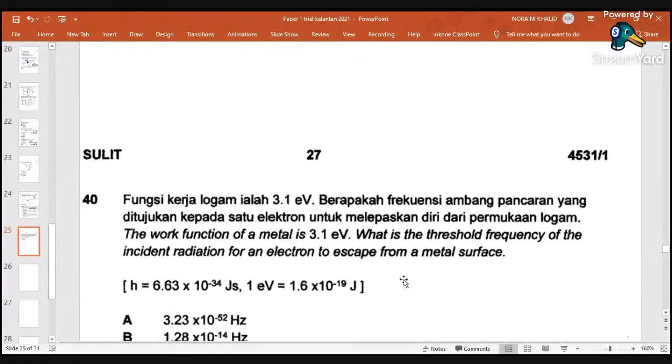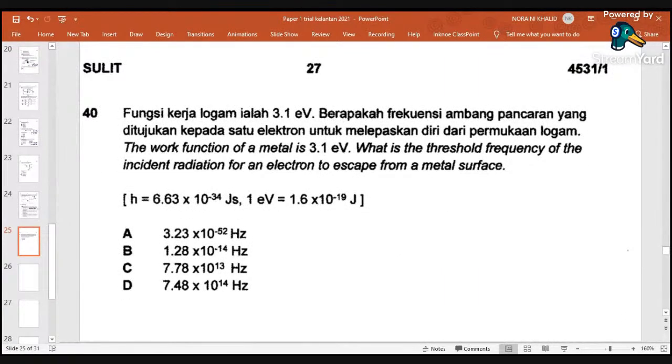Okay. Number 40, the work function of the metal is 3.1 eV. What is the threshold frequency of incident radiation for an electron to escape from the metal surface? 1 eV equals this value. So W equals h f0, and you want to find f0. So f0 equals W divided by h.